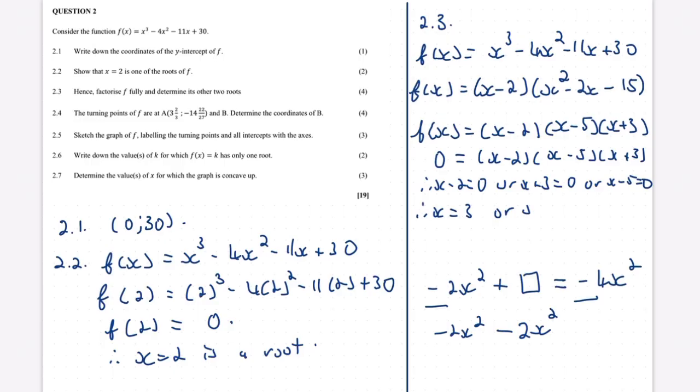And so the roots are x is equal to 2, x is equal to minus 3, or x is equal to 5. Oh, sorry, not 3, but 2 here. So the two missing roots that we needed were minus 3 and 5. And so that's how we would get our answers for 2.3, the other two roots.